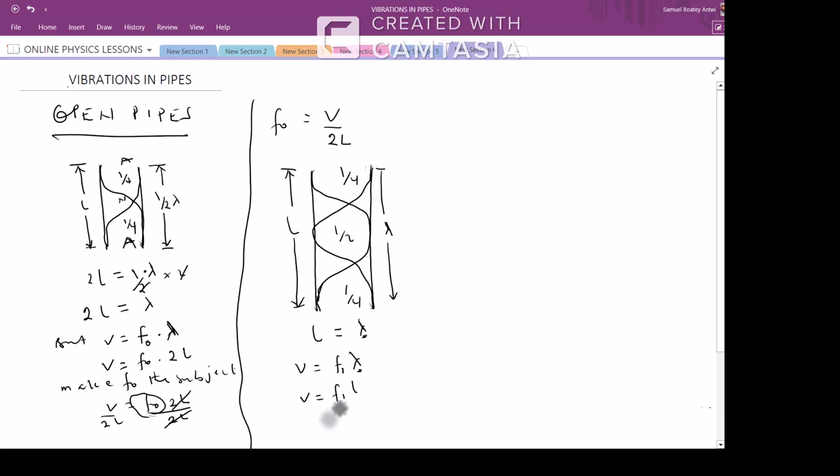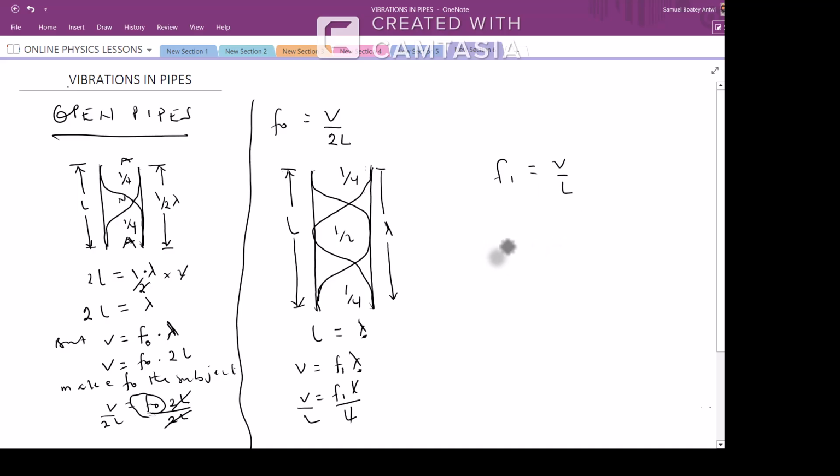Now we want our F1 to stand alone, not our L. So we divide here by L, we divide here by L, which is our length. So our F1 becomes equal to V over L. But we are not done.